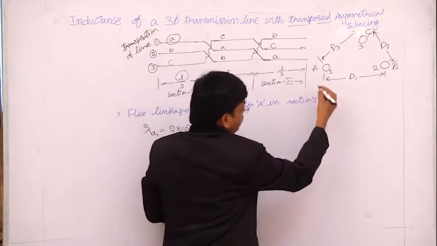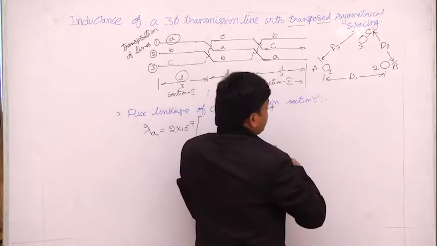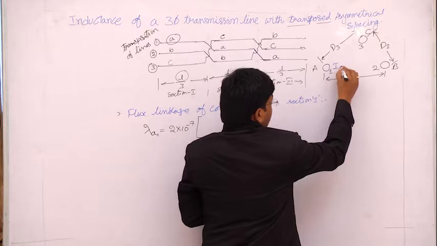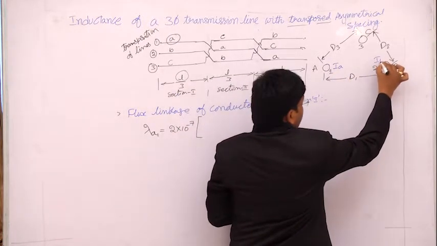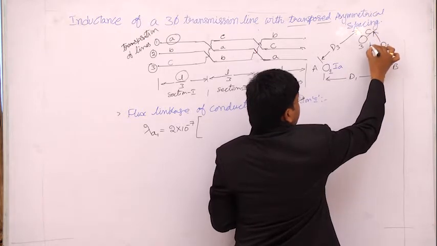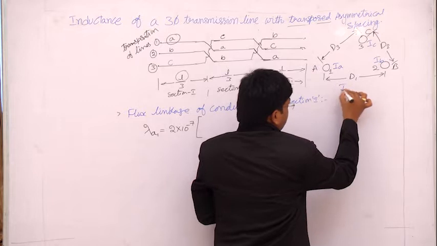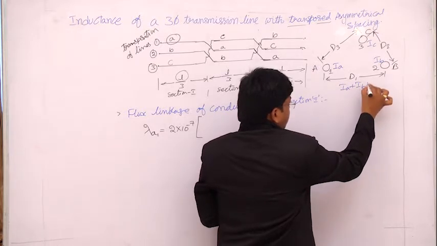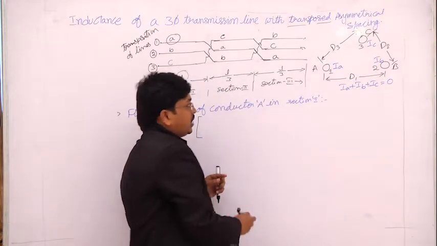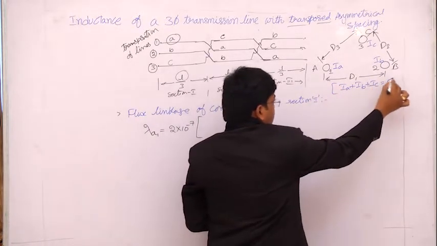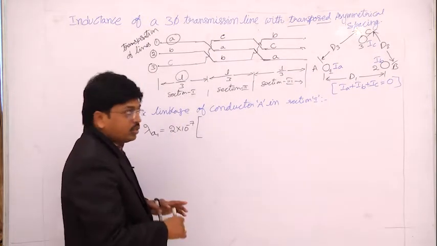Assume that conductor A carries a current IA, conductor B carries a current IB, and conductor C carries a current IC, in such a way that the sum of these 3 currents, IA plus IB plus IC, is equivalent to 0. The sum of the 3 phase currents is assumed as 0.